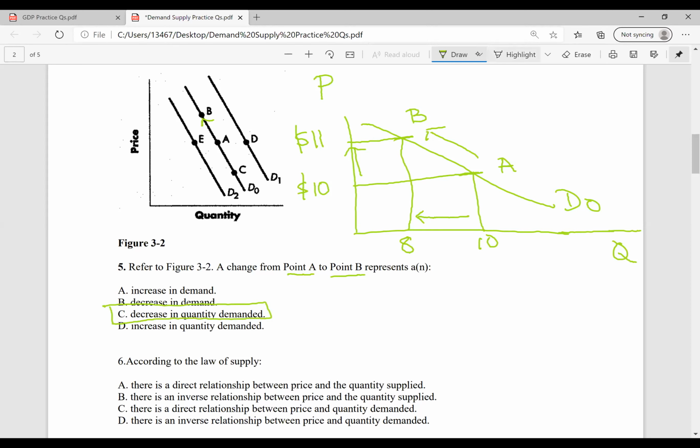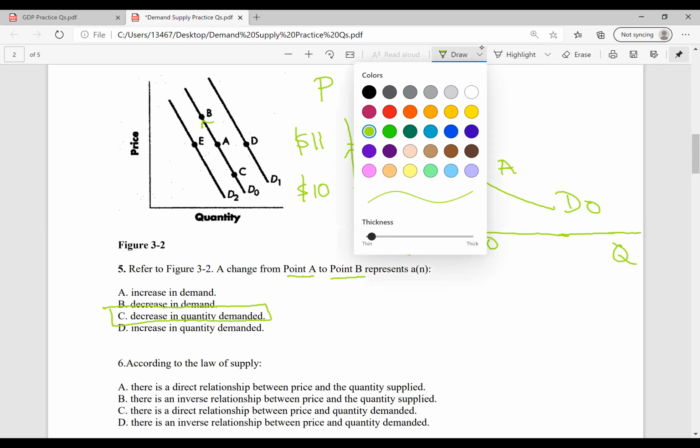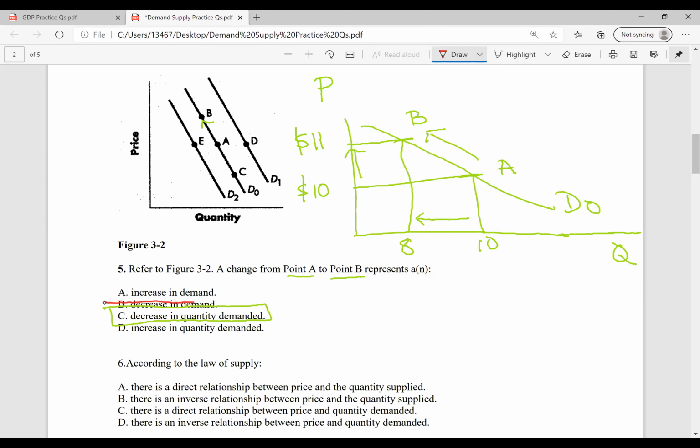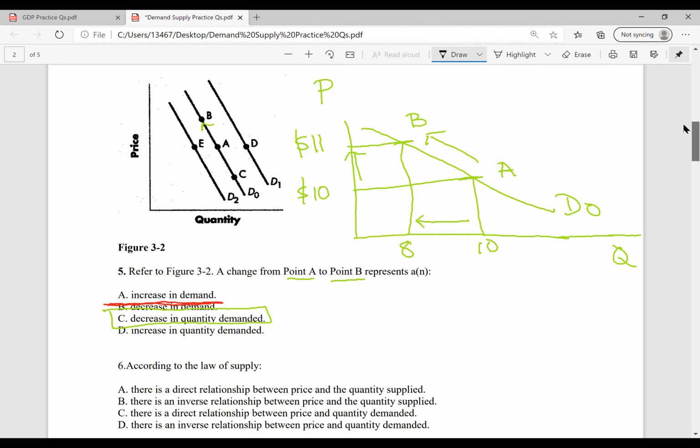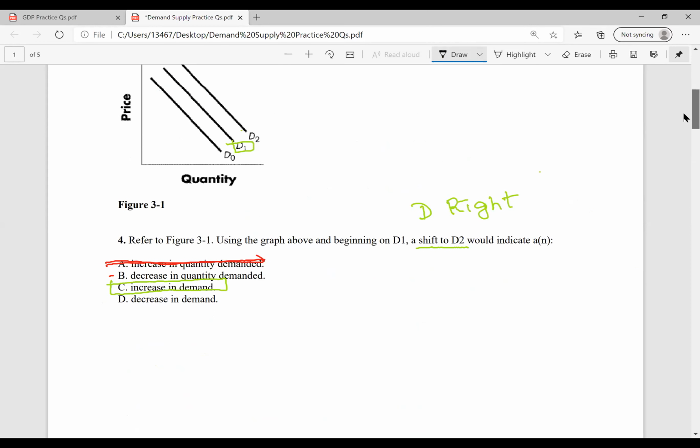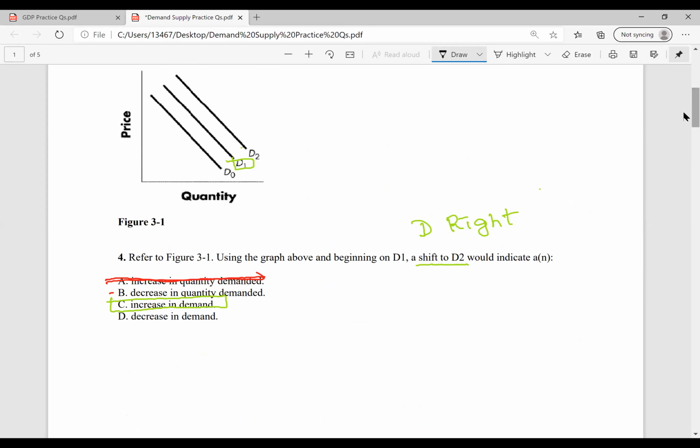And let's just do this thing here. The answer is not gonna be D. I want you to notice something here. I want you to notice that if we are shifting the demand curve, like if we are shifting the demand curve from D1 to D2, I am not using the word quantity.